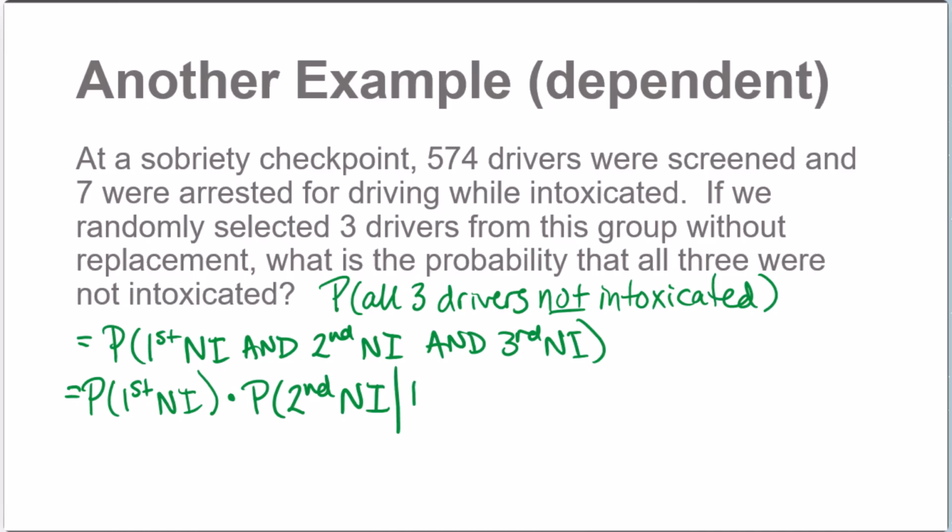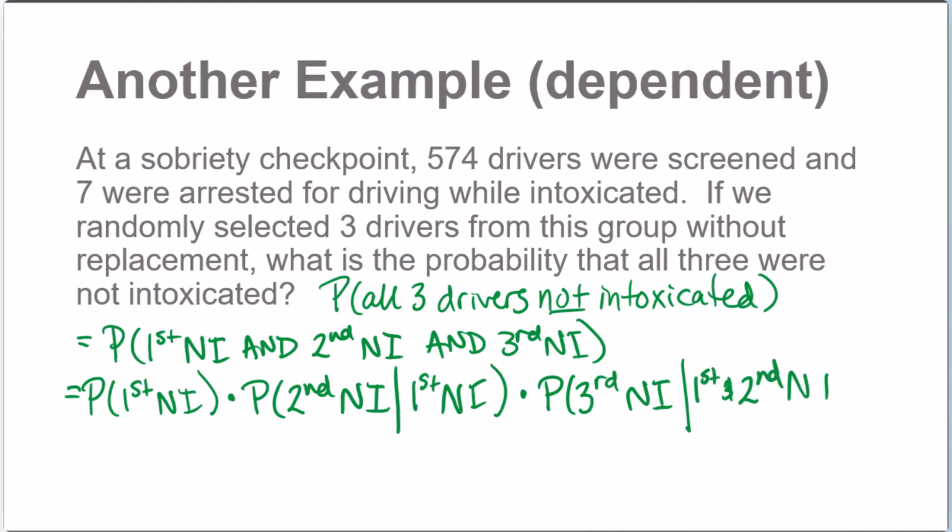So given that the first person was not intoxicated times probability that the third person was not intoxicated, given, and in this case, we're assuming that both of the prior events already happened. So this is the first and second people were both not intoxicated. So this is what that kind of extended multiplication rule would look like.